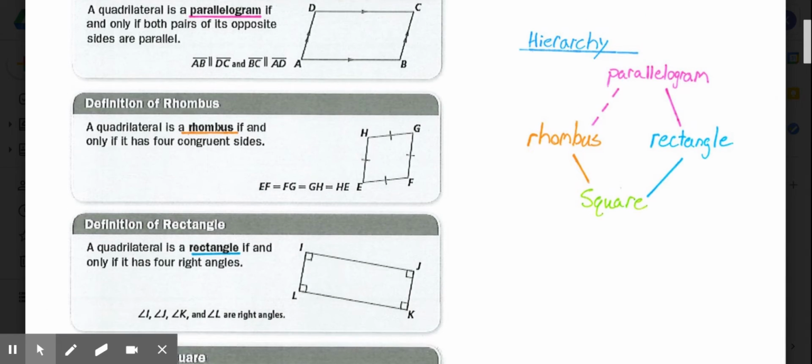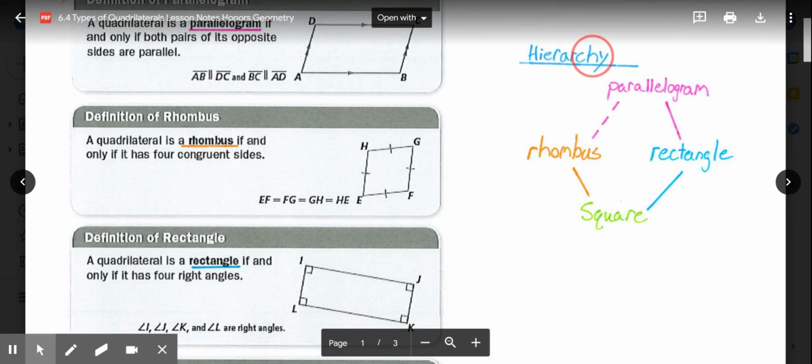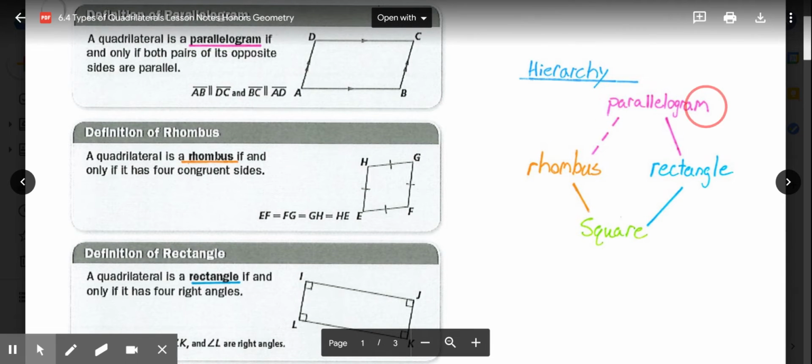So now let's look at this idea of a hierarchy. So the hierarchy on top, you start with the most basic shape, or the one that can be split into more specific shapes. So in this case, our most basic shape is a parallelogram. Now the solid line going down means that a rectangle here is a special type of parallelogram.